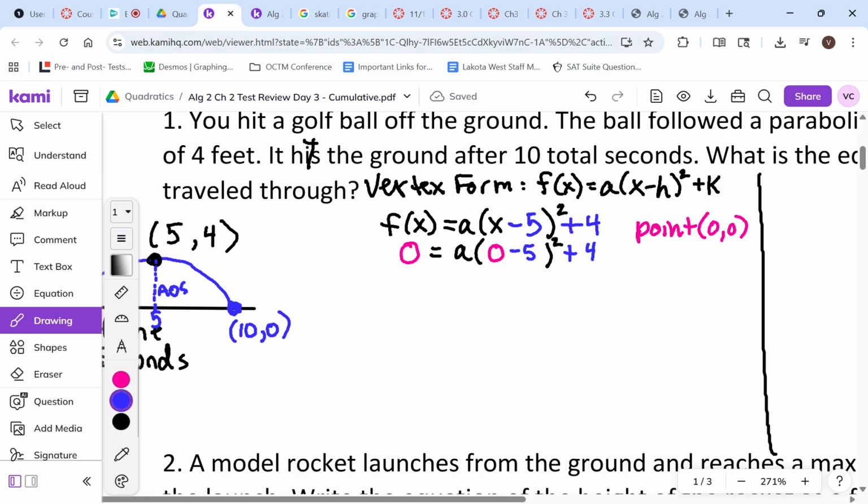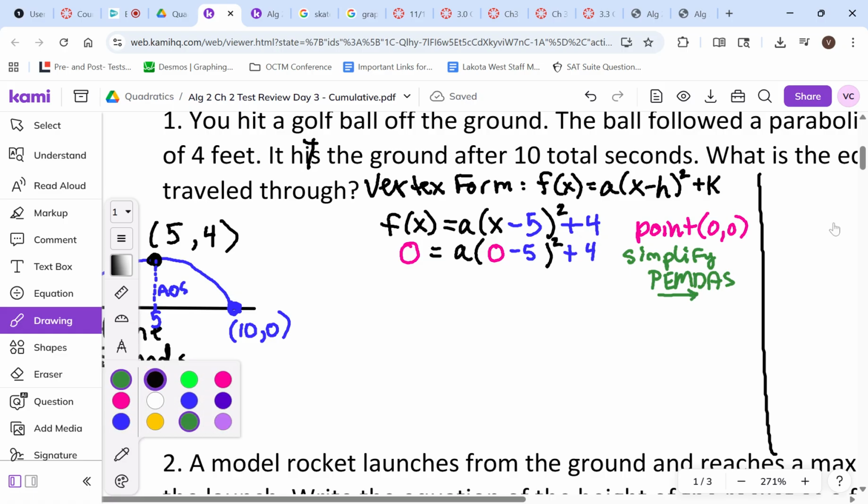So once we get here, we are going to simplify using PEMDAS. And when we're simplifying, we just do the normal order for PEMDAS. So I'm going to have 0 equals, we need to do parentheses first.